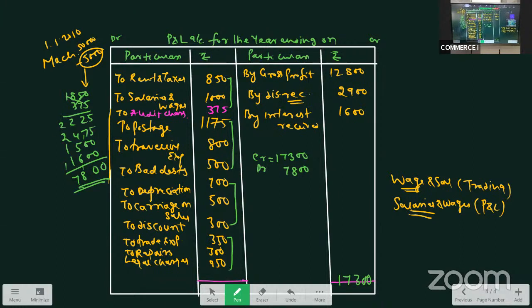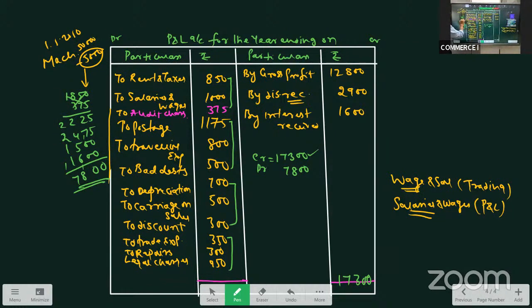And see the total once again. 17,300. This is correct. On the debit side total, because we are not getting the textbook answer, I don't know if there is any error, but we have done the solution correctly.